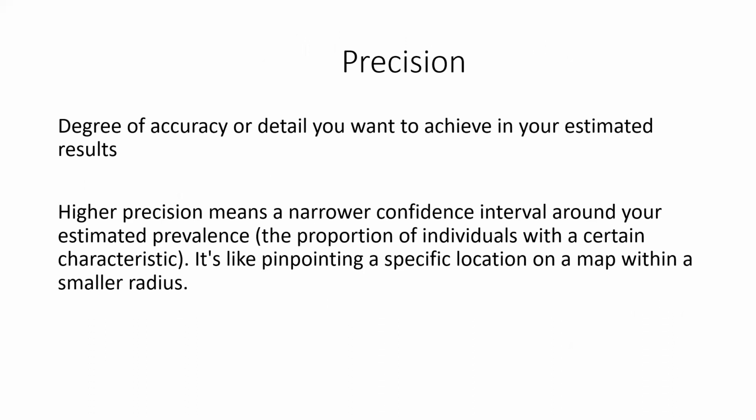Precision is the degree of accuracy detail you want to achieve in your estimated result. Estimated result is what you are going to calculate, like the prevalence of diabetes mellitus or the prevalence of tuberculosis.